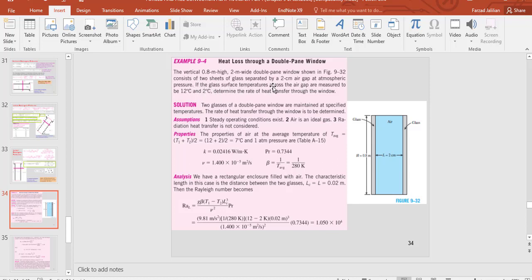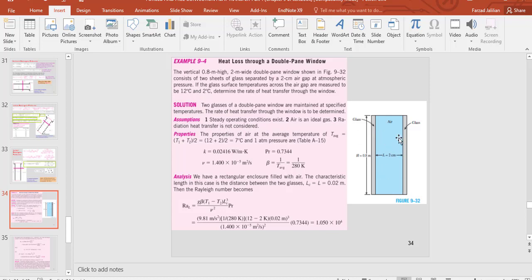If the glass surface temperatures across the air gap are measured to be 12 degrees Celsius and 2 degrees Celsius, T1 12, T2 2 degrees Celsius, then we should determine the rate of heat transfer through the window. So we have two glasses of a double pane window which are maintained at specified temperatures.